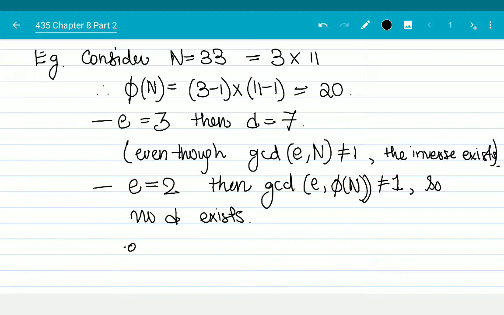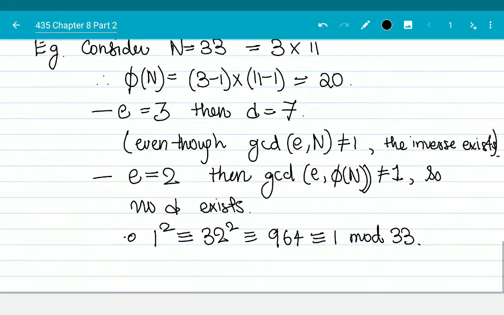If you look at the map, 1 squared is congruent to 32 squared, which is 1024, which is equal to 1 mod 33.